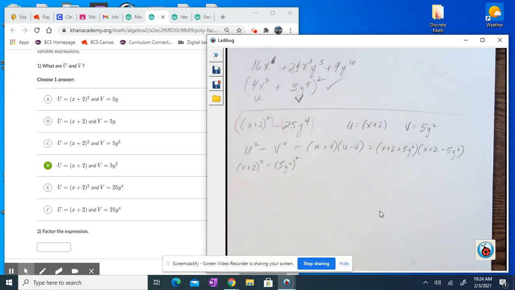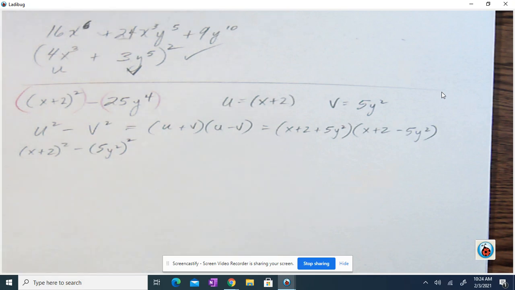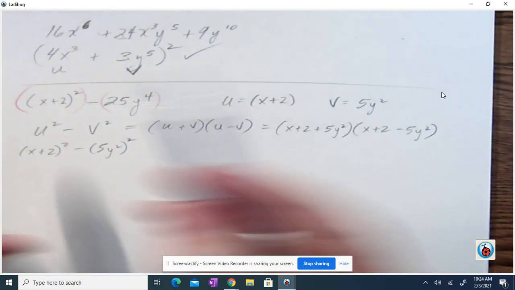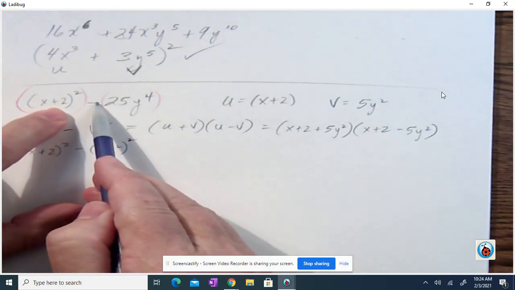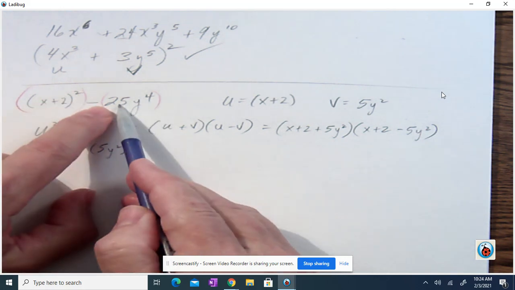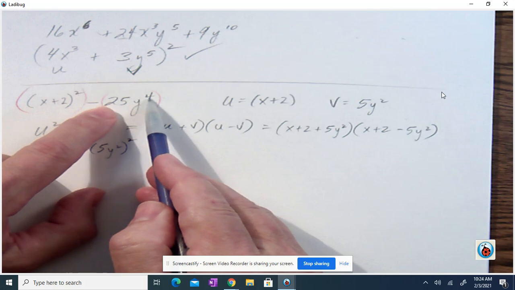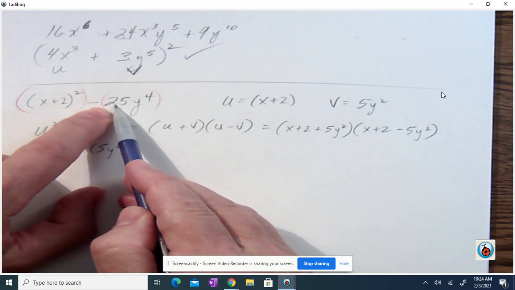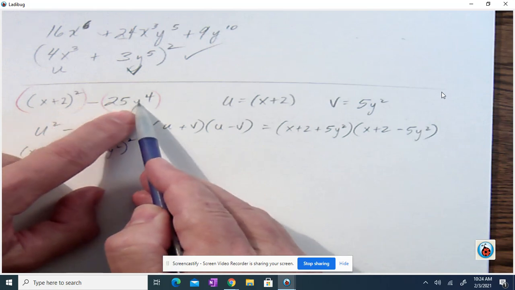All right, let me blow that up so you can see. Let me just go over the whole process one more time. I recognize there's a minus sign, and you've got this thing squared, and you've got this, which is not squared, but you take the square root of 25, and you take the square root of this, right?